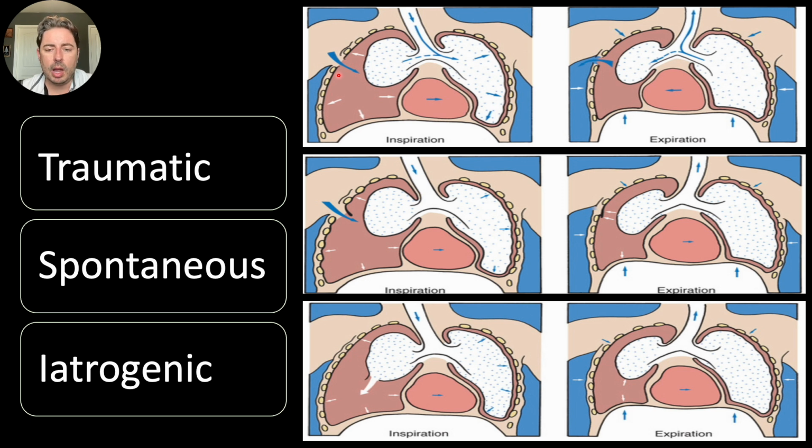The next form of a pneumothorax that we're going to talk about is the spontaneous pneumo. This occurs suddenly and without obvious underlying cause. A good friend of mine has had this happen to him twice, and it's led him to be in the hospital both times. And this is secondary to an underlying pathological process, whether this is a history of pneumonia, tuberculosis, COPD.